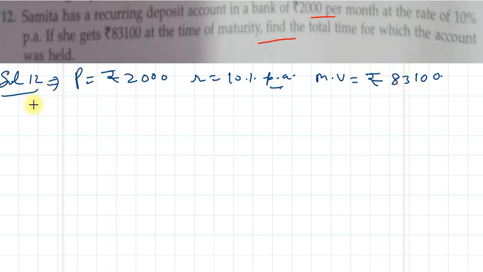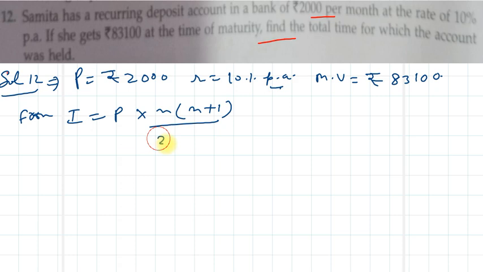So again we have to find the time here. Therefore from P, I equal to P into n into n plus 1 upon 2 into 12 into r upon 100.